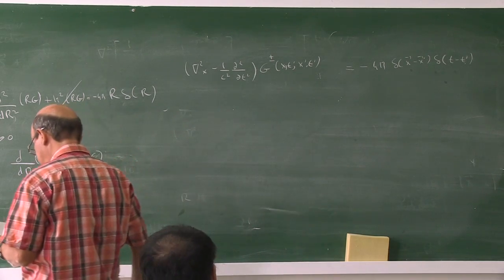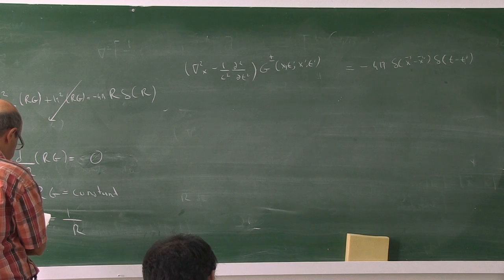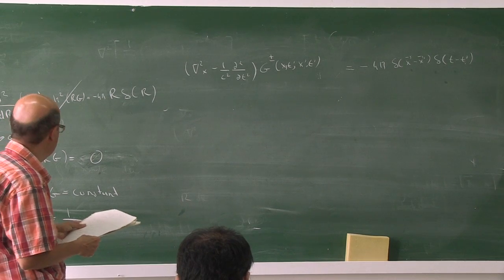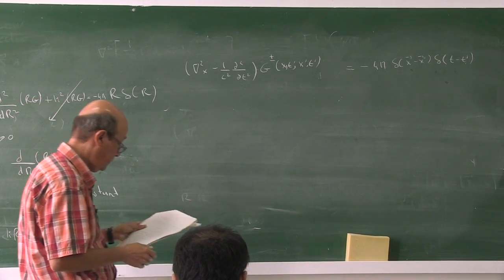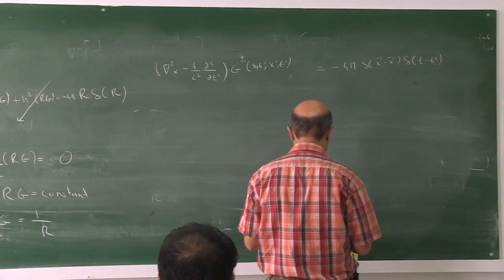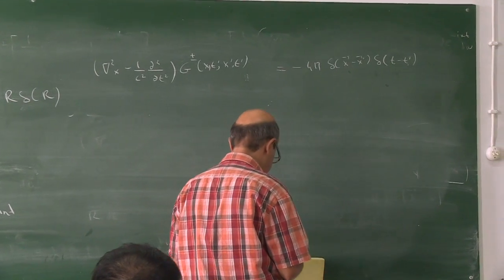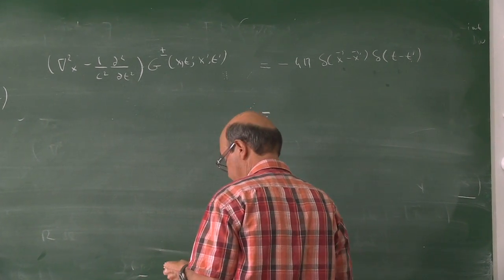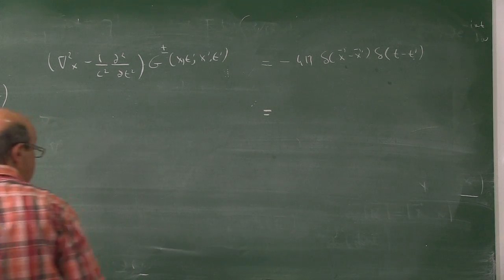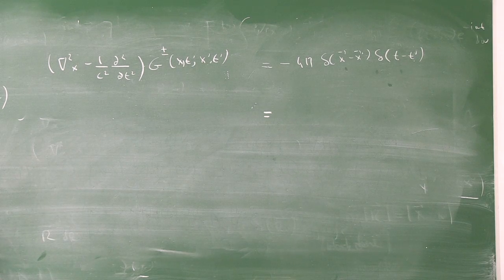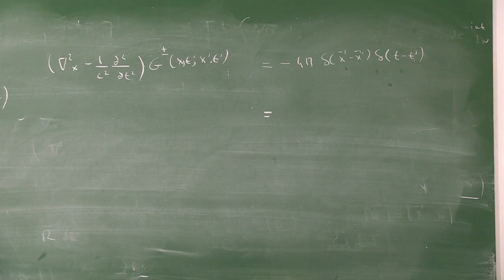What happens if I take the Fourier transform of the right-hand side? Tell me the Fourier transform of the right-hand side. You will multiply by e to the i omega t and integrate.